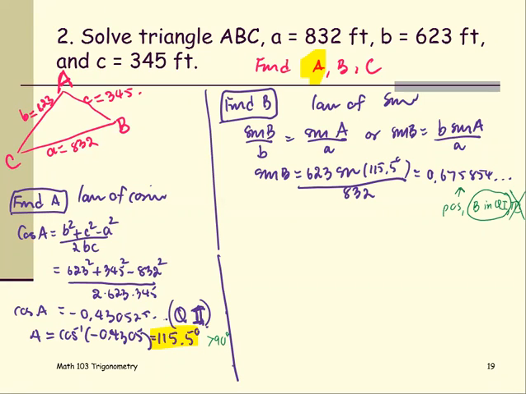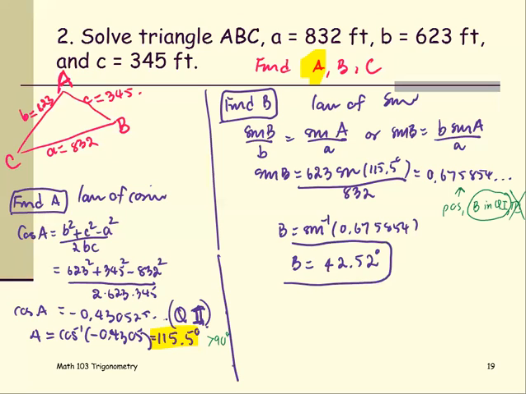So we find angle B by taking the inverse sine of 0.675854, and the number comes out as 42.52 degrees. And we got angle B.